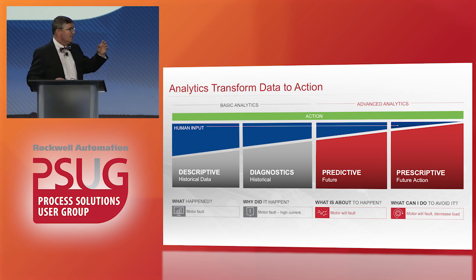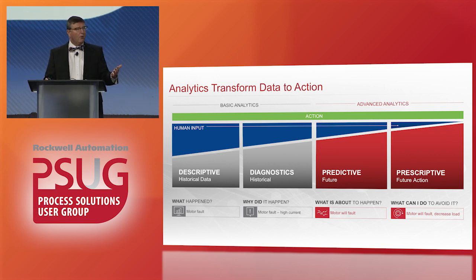The other value proposition, if you look at the traditional strategies for analytics, is that predictive and prescriptive are getting closer to action, right? We're reducing that level of human energy and effort that's required so you get a result. And that gives you more compliance, and more accomplishment of benefits.